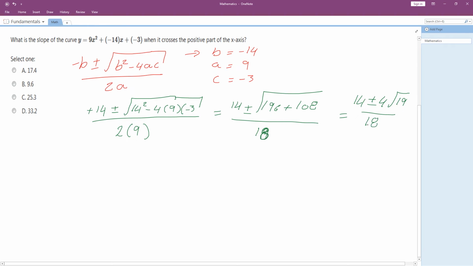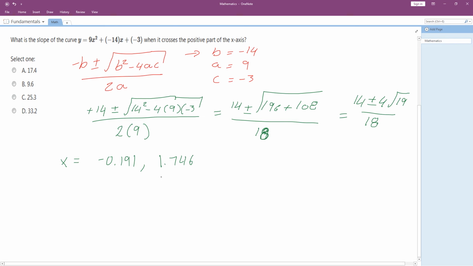Okay, x is going to be equal to, if we start with the smaller value, negative 0.191, and then the positive root is 1.746.